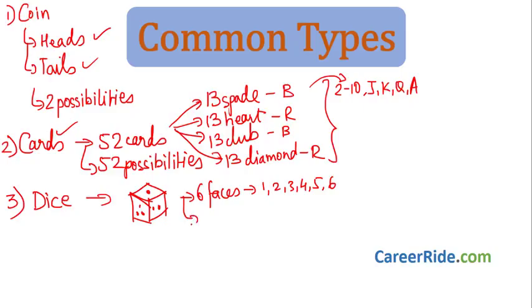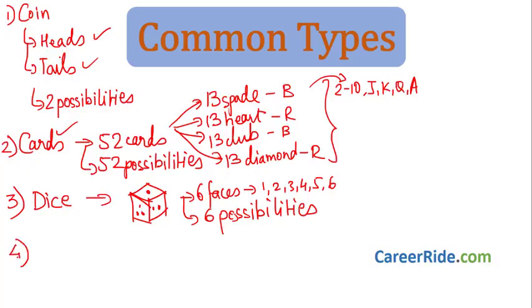So if there are 6 faces, each having one number, there are 6 possibilities. A symmetrical or fair dice means one which has not been tampered with, and that is generally taken for calculation. It has 6 faces, that means it has 6 possibilities.